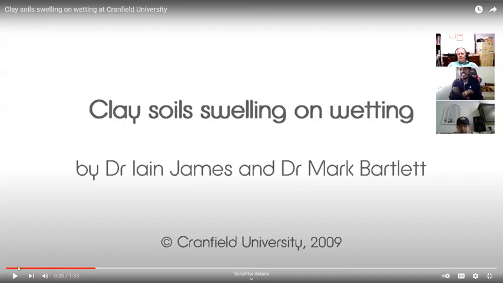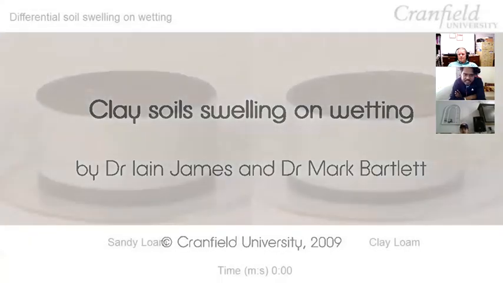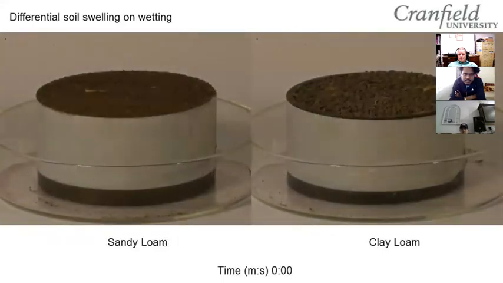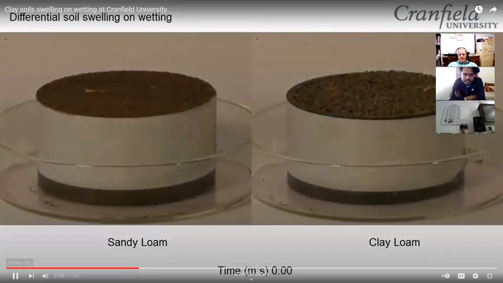It'll be helpful later, but I want to show you how some of these things shrink and swell. Okay, so we got a sandy loam on the left, clay loam on the right.